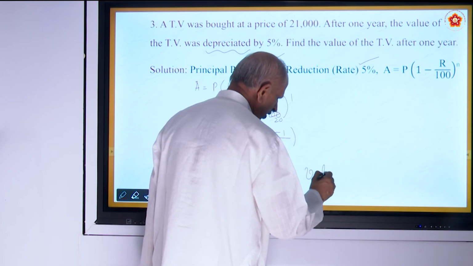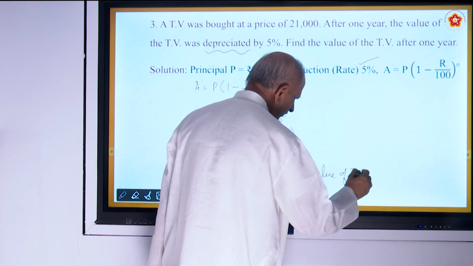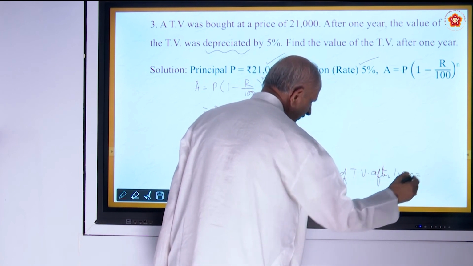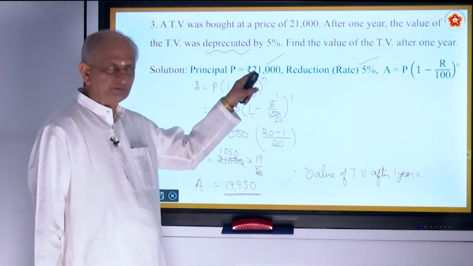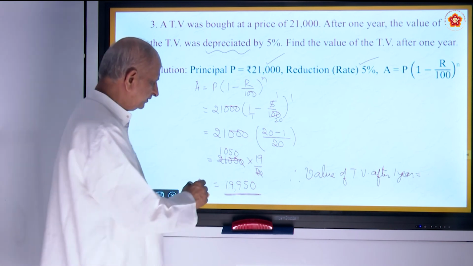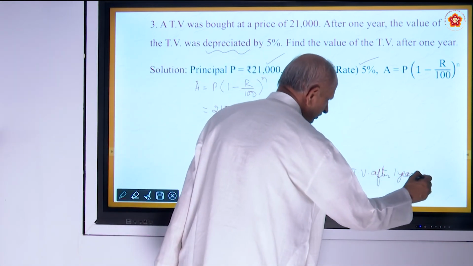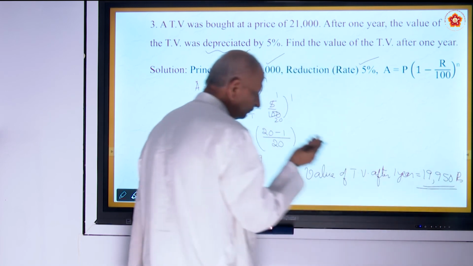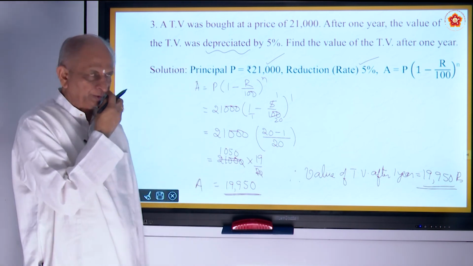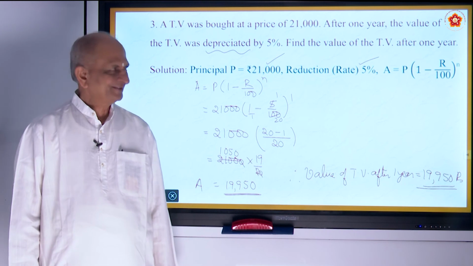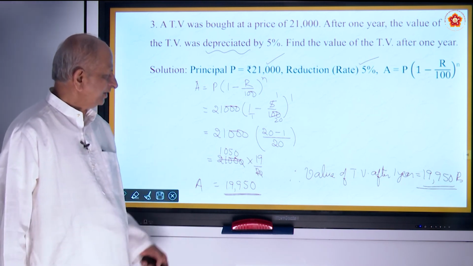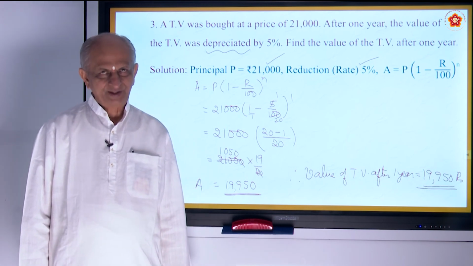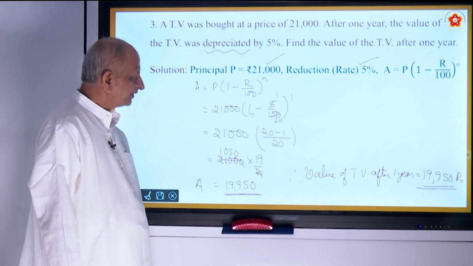Therefore value of TV after 1 year is equal to, how much was it earlier? 21,000. Now it is 19,950 rupees. Okay. So that is the answer for that question. Here we use the minus formula because the value decreased, correct?